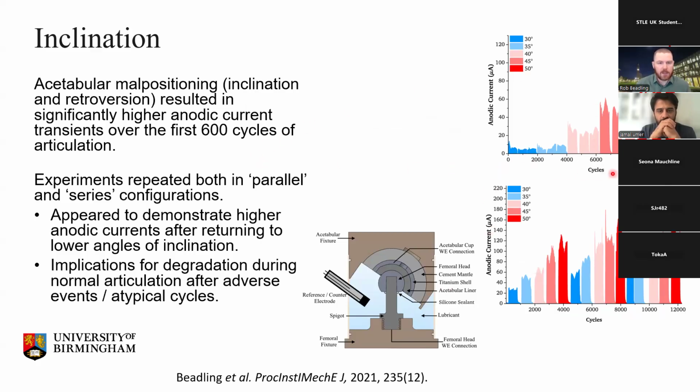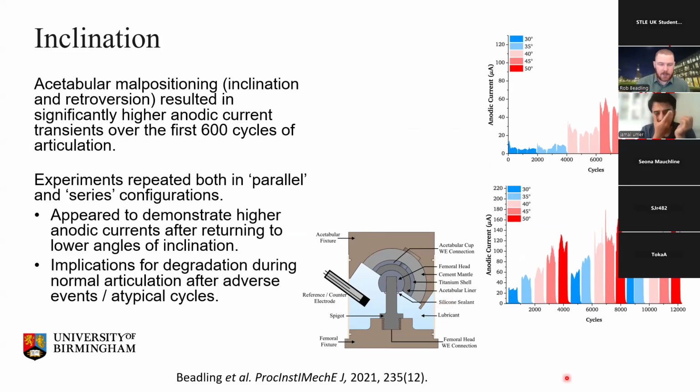And one of the things that this showed when you increase in series is that once you go up that inclination, i.e. you've compromised the lubrication, you're exposing a different area of the metallic bearing to tribological action. When you come back down, you still see increases in degradation.